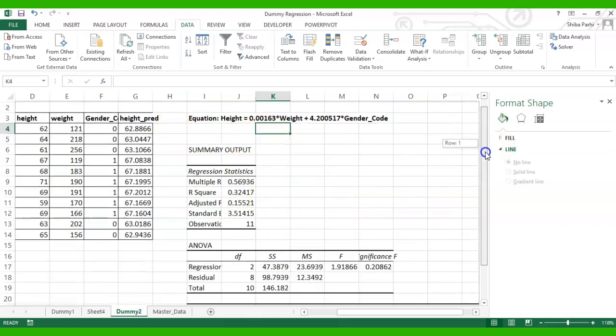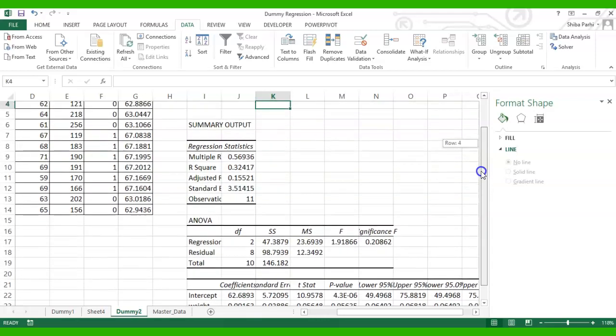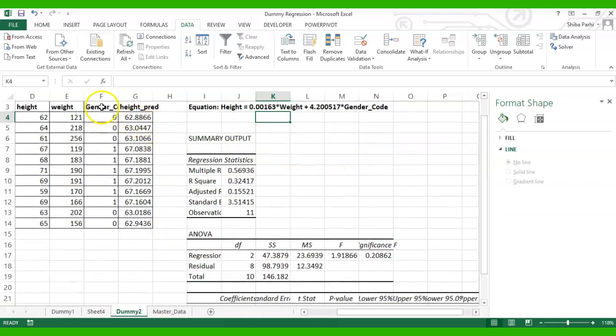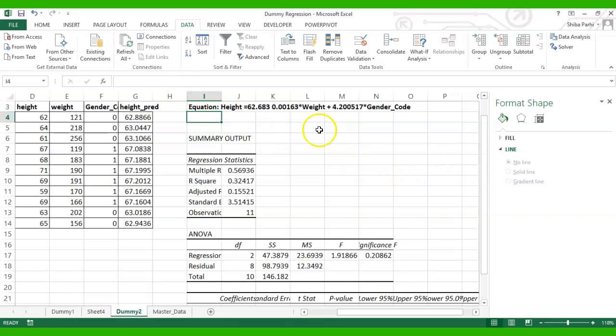The equation is: height equals the intercept, 62.683, plus 0.00163 times weight.